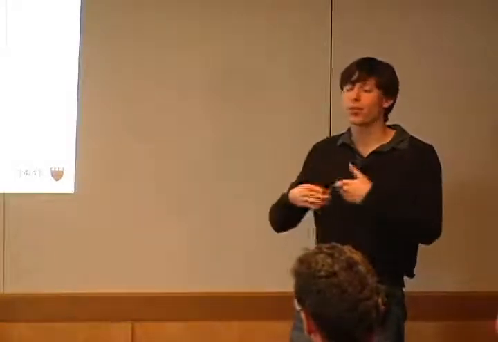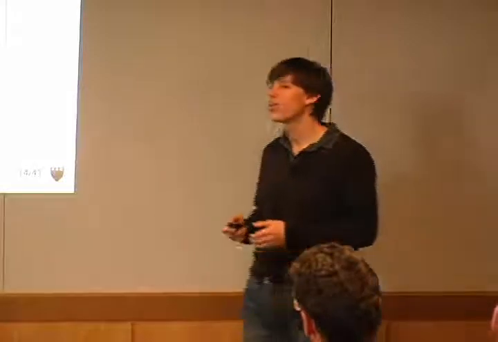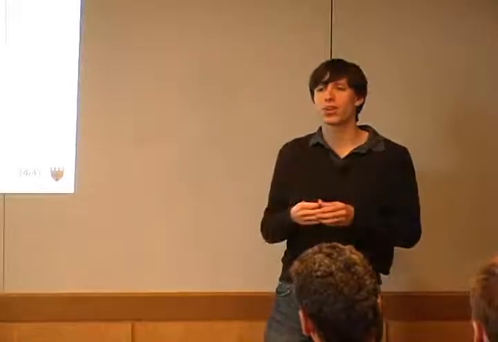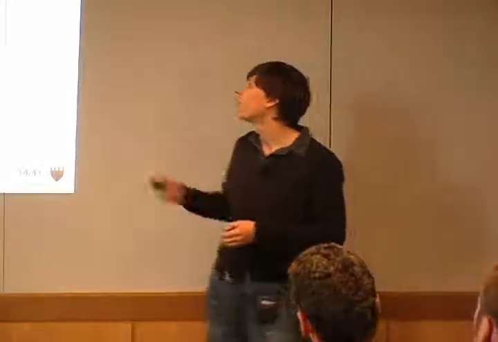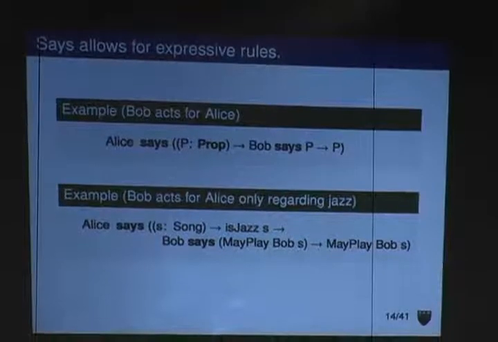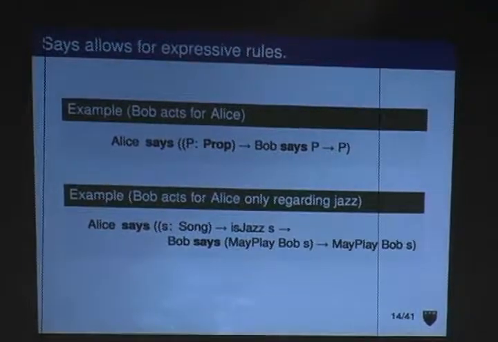So she's going to reaffirm anything Bob says, and we can think of that as her delegating all of her authority to Bob. Anything Bob does, anything Bob says, she'll say as well. And this is a really coarse-grained notion of delegation. You're giving somebody the ability to do anything for you. This is a kind of delegation previous systems have been able to talk about in a really clean way. What Aura provides is a way of doing this in a more fine-grained manner.